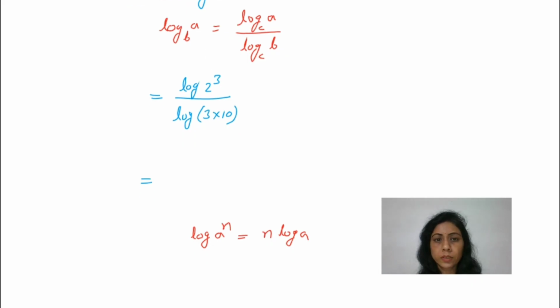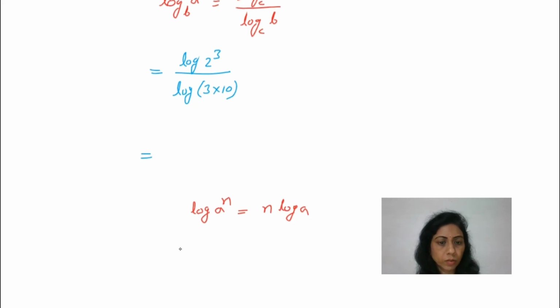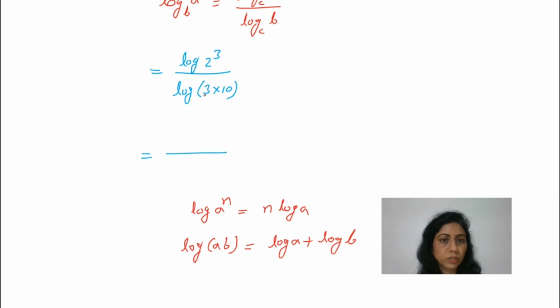And for the denominator, we apply this logarithmic property a multiply b, it means log a plus log b. Okay, so in the numerator 3 comes here, 3 log 2, and this one we can write log 3 plus log 10.